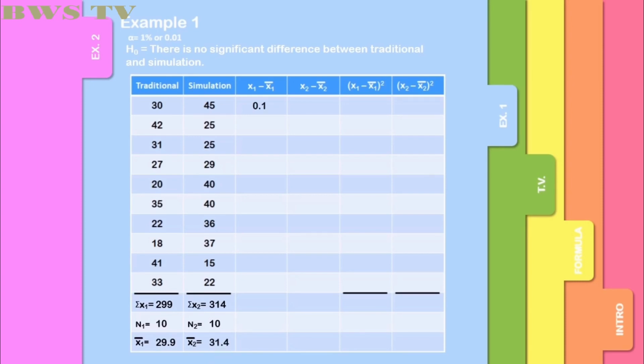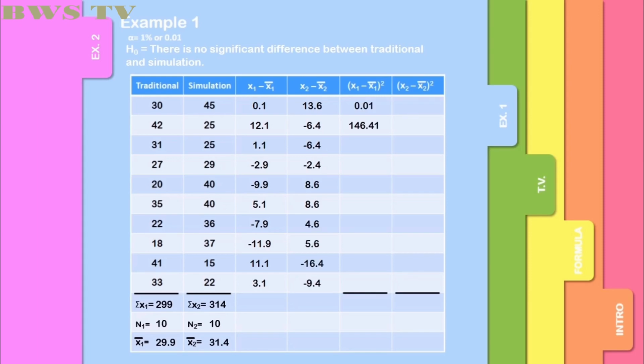Next, you subtract the mean of the first group from each of the numbers in the first group. After which you square their difference. Repeat the same thing for the second group.